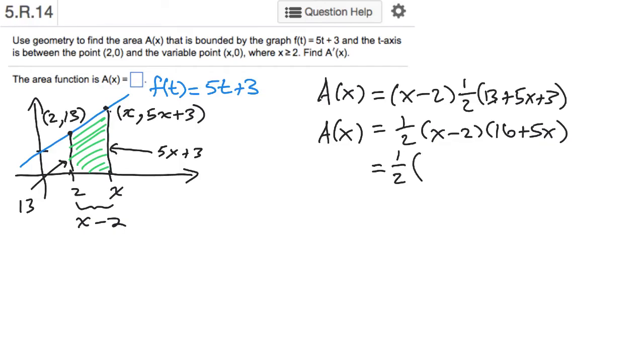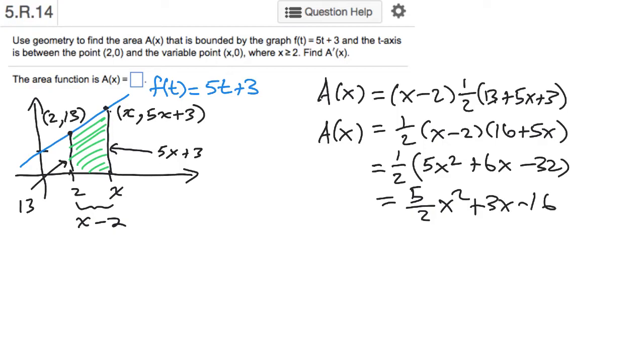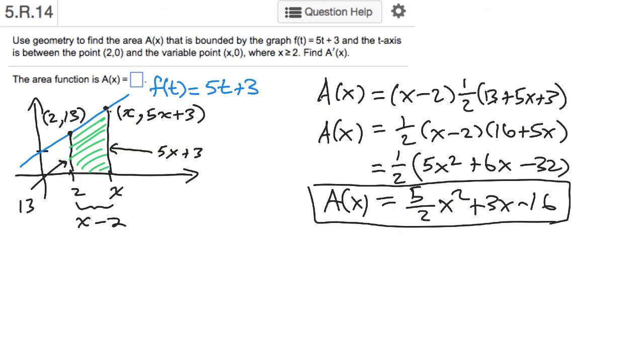If I do FOIL on the stuff inside, I'll have 5x squared plus 16x minus 10x, so plus 6x, and then minus 32, which I could also write 5/2 x squared plus 3x minus 16. So that answer for sure will make higher logic happy.